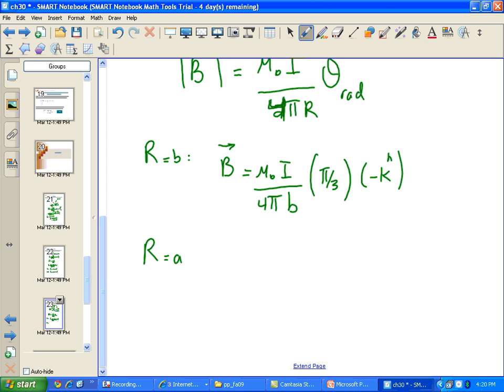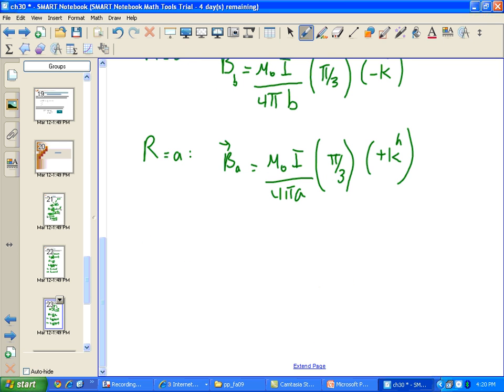For R equals A, the inner arc, we have, let's call this big BB and BA, mu naught I over 4 pi A, pi over 3, and remember we have to work in radians, plus k hat. So let's add these both up to get the total value of the magnetic field.